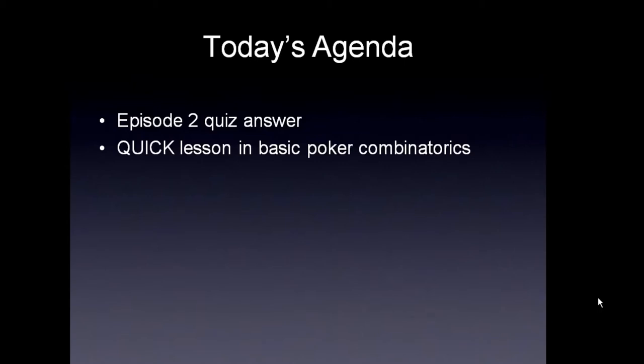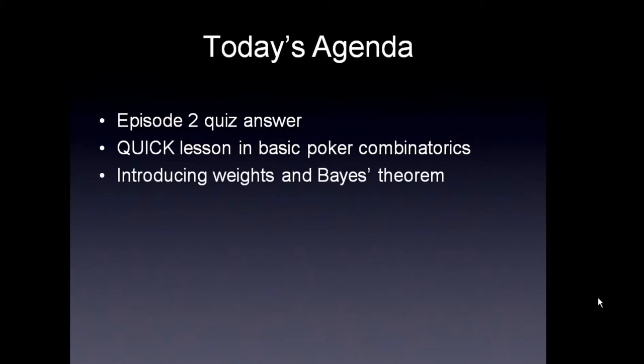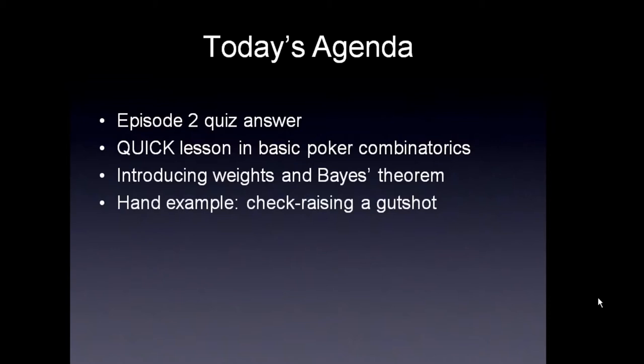I could have skipped that. I think most of you probably know this type of thing, but if not, I'll have a probably about 5-minute lesson. If you do have a solid base in that, you could skip over that. But like I said, 5 minutes, and then we'll introduce weights and Bayes' theorem, calculating ranges, like I just described before, and then we'll get into a real hand example, which will be check raising a gut shot.